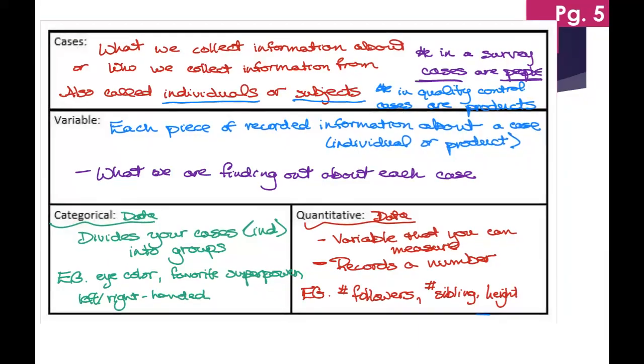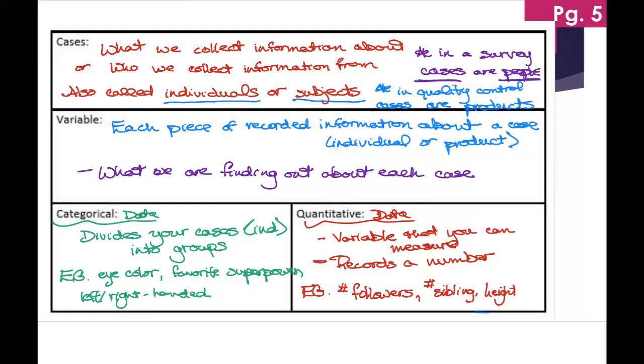Okay. So just a quick review. Cases are the information that we collect, and who we collect that information from could be called the individuals or subjects if you're talking about people. If you're talking about quality control, the different cases are the products that come through.